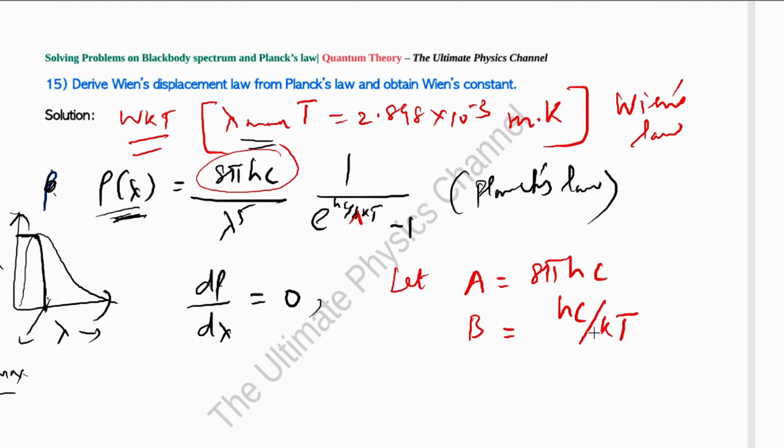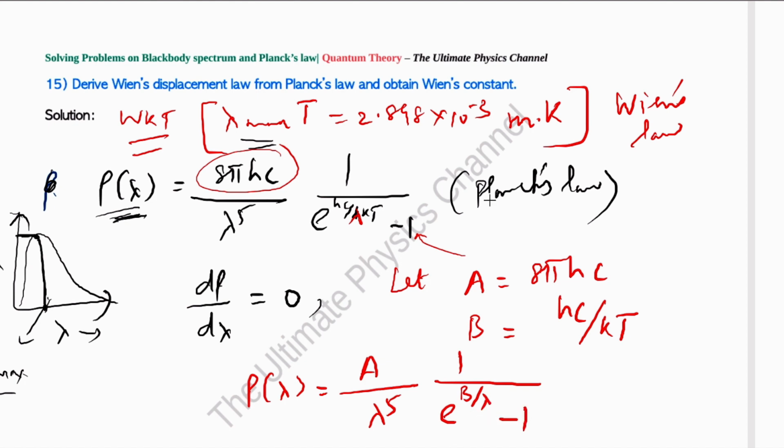If we take these two substitutions and put them back in this equation, we get rho lambda to be equal to a over lambda power 5 times 1 over e power b over lambda minus 1, right?